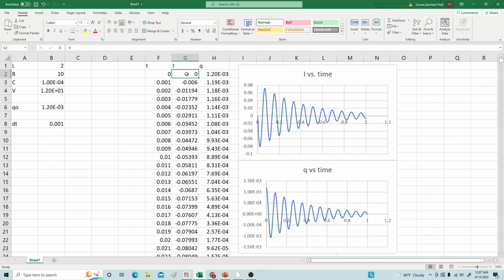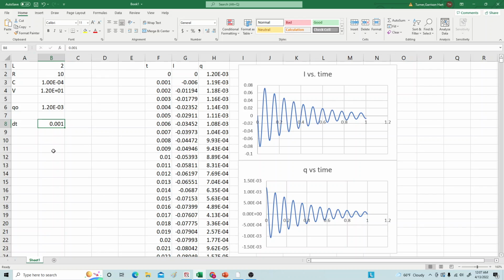So these first two cells for my current and my charge are my initial values. My current doesn't flow immediately, so my initial current is 0. And the initial charge on the plates is the voltage it was charged to multiplied by the capacitance.